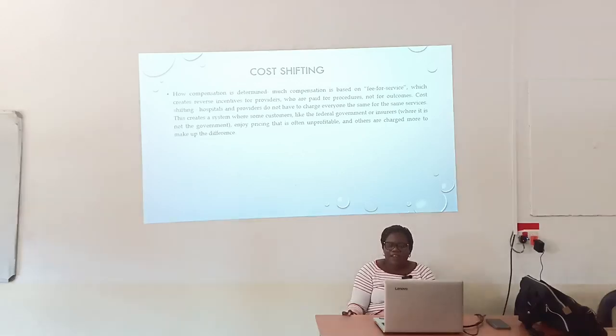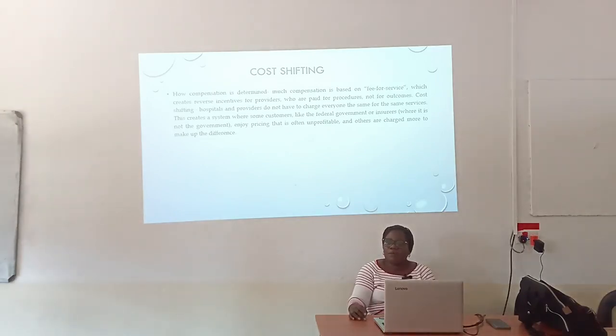Then you find that some patients come in who are paid for by the government. The government of Malawi might pay a private hospital to assist a patient, for example if there is no space in the ICU at Zomba, so they transfer that patient to a private hospital.